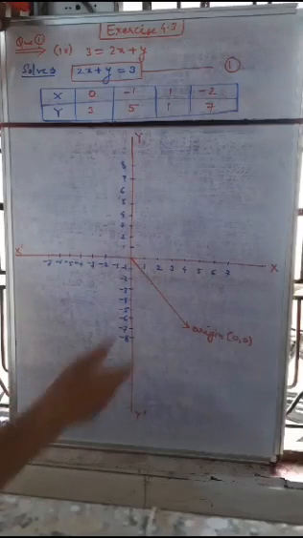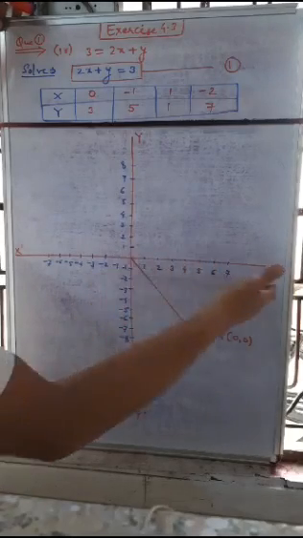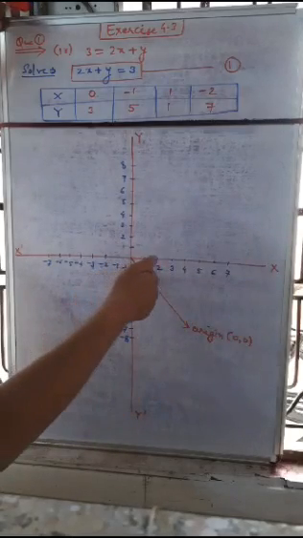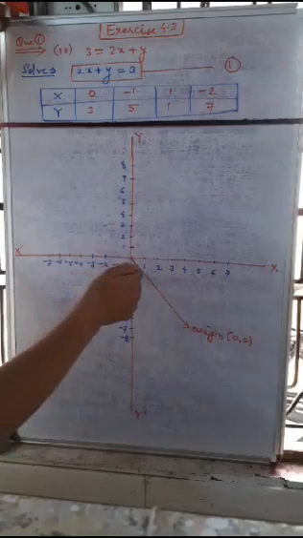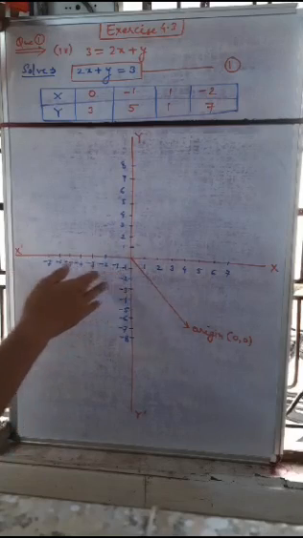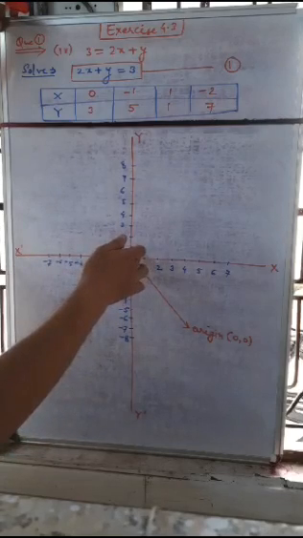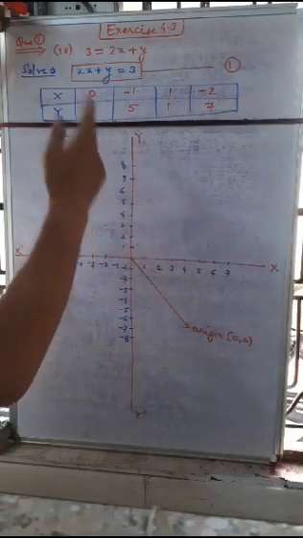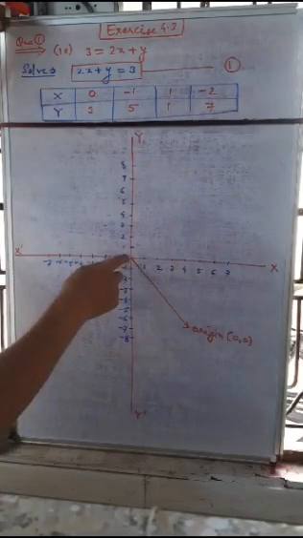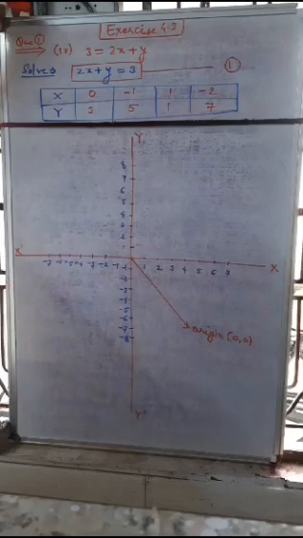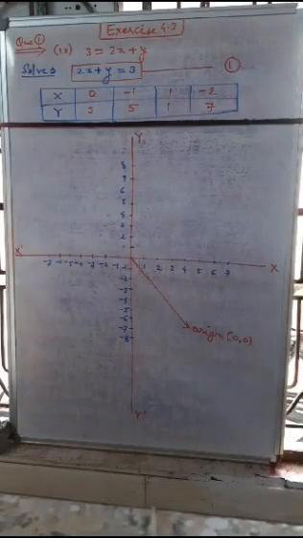If we move horizontally to the right, we get all positive values of the x-axis, and if we move to the left, we get all negative values of x. At the top we get positive values of y, and at the bottom from the origin vertically, we get the negative values of y coordinates.